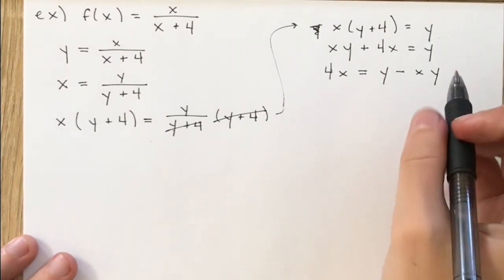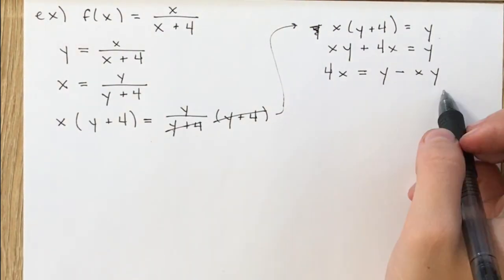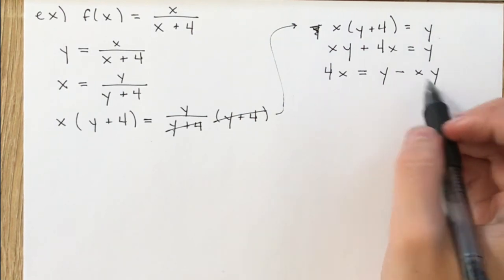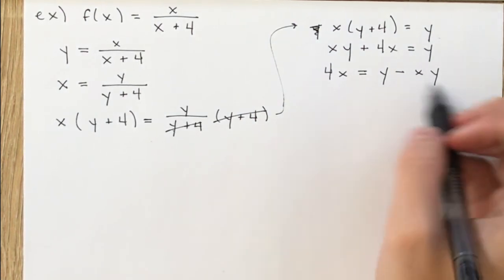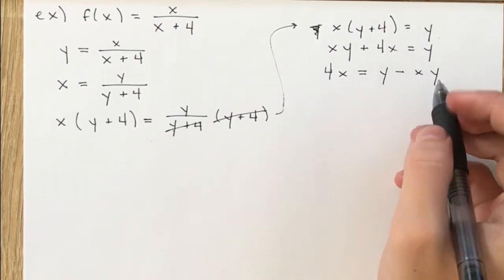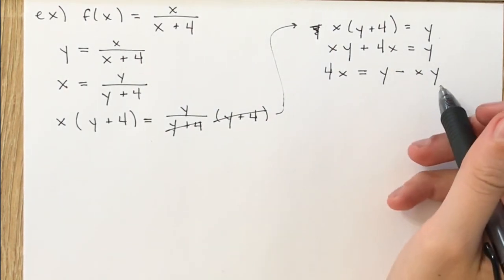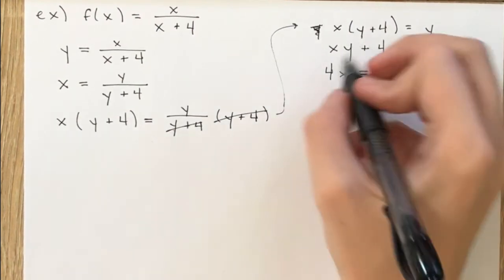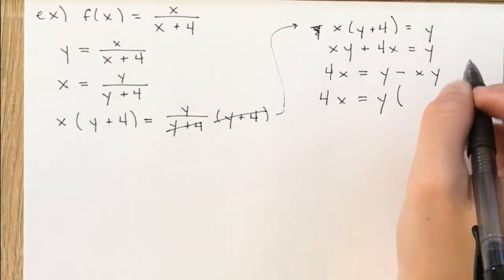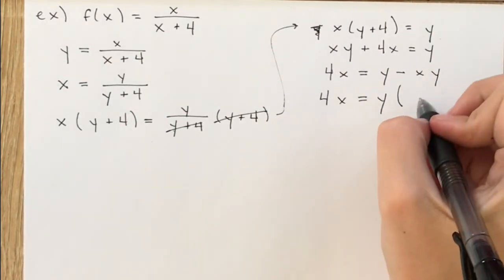Now this looks pretty funky, but how can we separate y from the rest of this stuff? Well, we have two terms here with a y in each. When we have that, in the past we've just factored, right? We can factor a y out here. So we have 4x equals y times what's left if I divide by y in that first term?